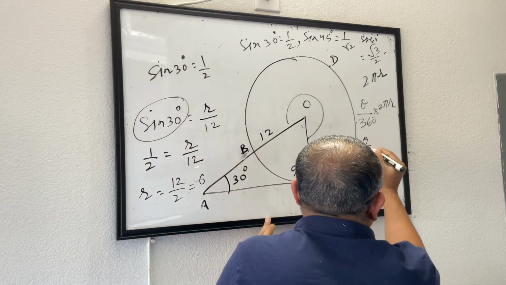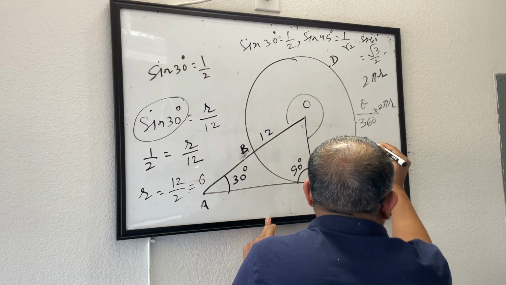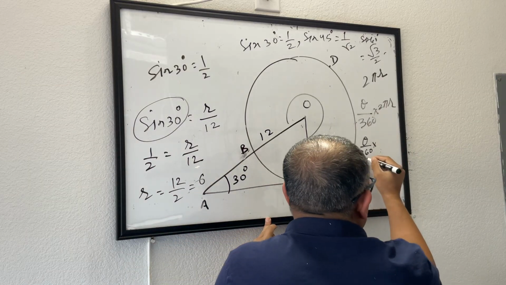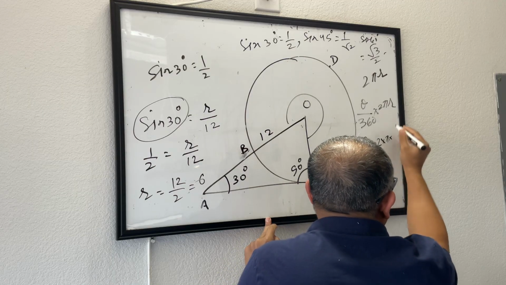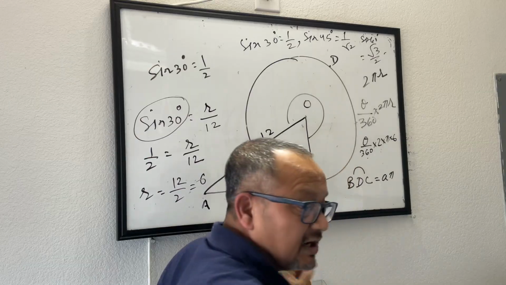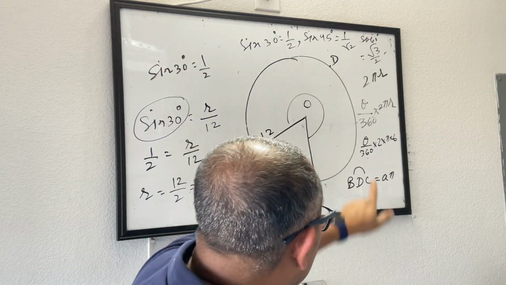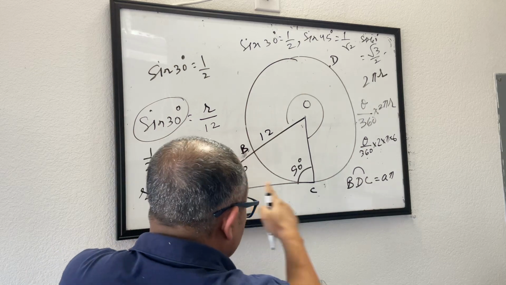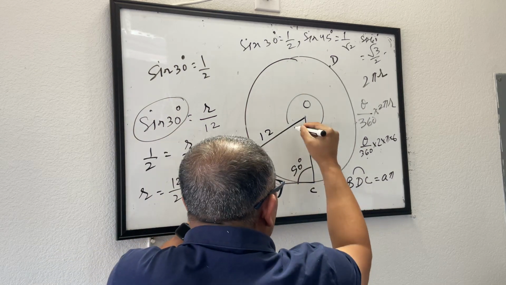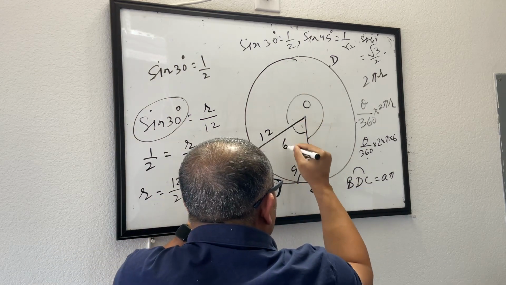Now the arc length is theta over 360 into 2 into pi into r. I can replace r with 6. We are a little better off now. Now what is this angle theta? If you know this angle is 30 degrees and this angle is 90 degrees, this angle has no choice but to be 60 degrees, correct?